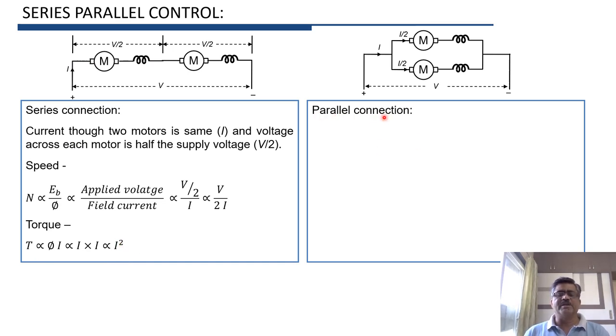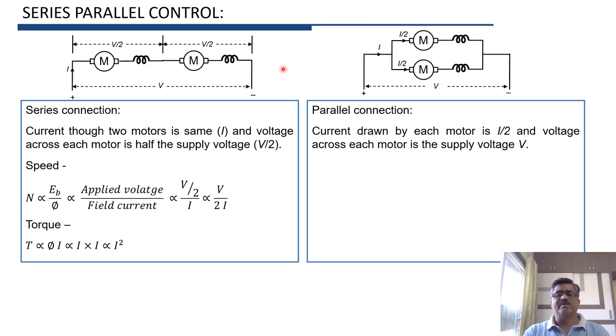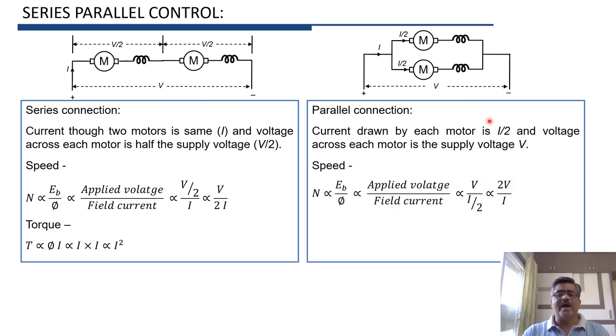Now if we consider parallel connection, then the current in each motor will be I by 2, whereas the voltage across both the motors is equal to V. And therefore, as N is proportional to applied voltage divided by field current, here applied voltage is V and field current is I by 2.